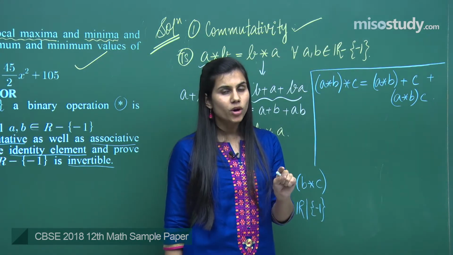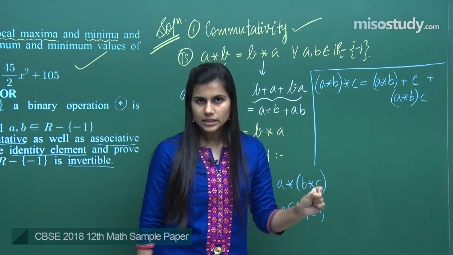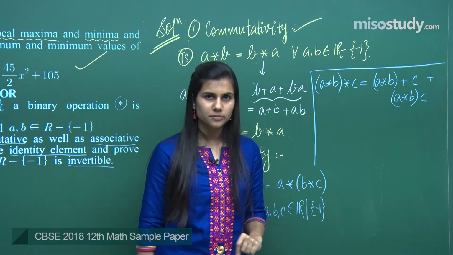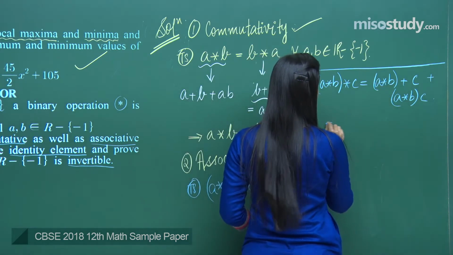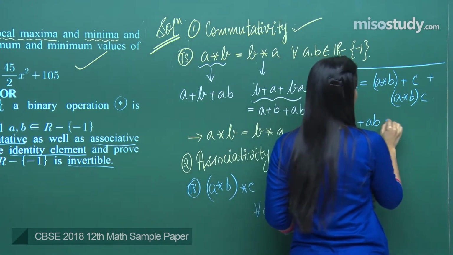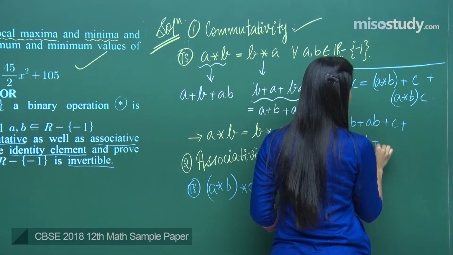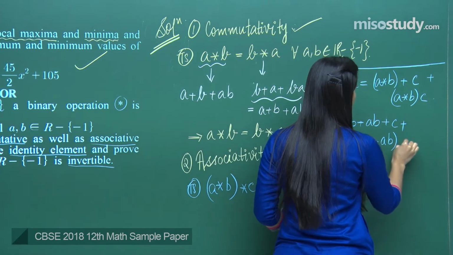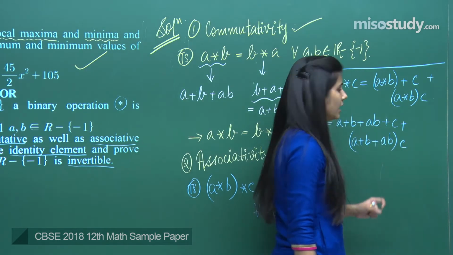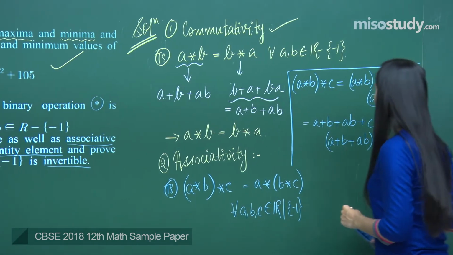A star B is what? First term plus the second term plus product of the two terms. Now A star B is again A plus B plus AB, plus C, plus (A plus B plus AB) multiplied by C. Now over here, if I wish to simplify this, how can I further write this?